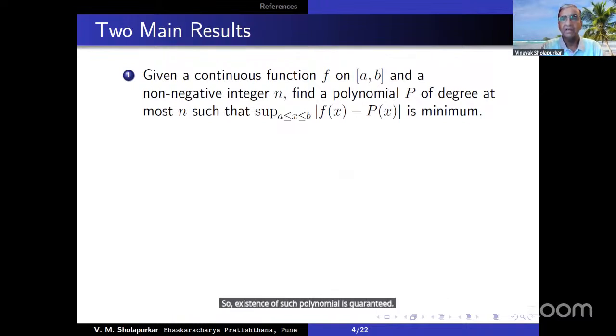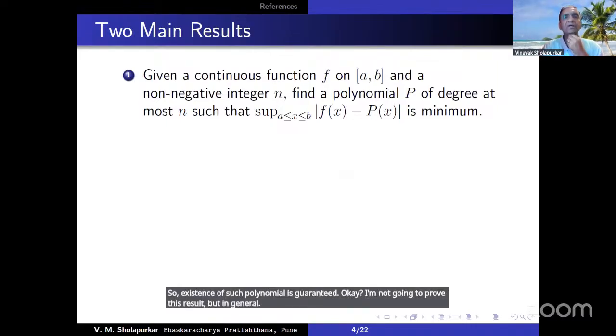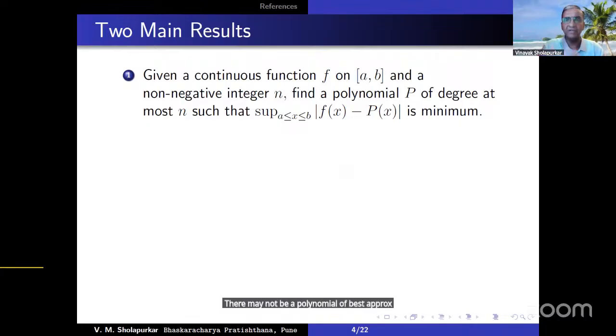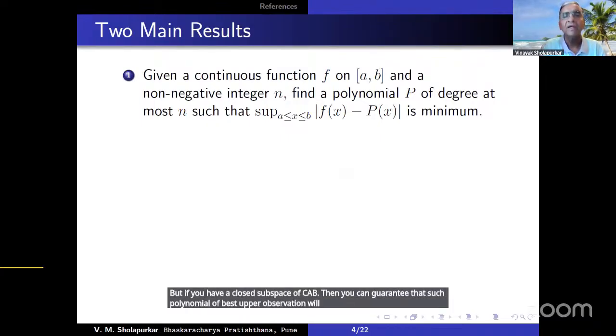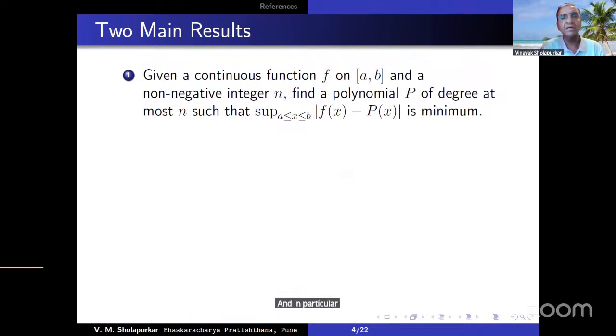Okay. I'm not going to prove this result, but in general, there may not be a polynomial of best approximation in any arbitrary subspace. But if you have a closed subspace of C[a, b], then you can guarantee that such a polynomial of best approximation will exist. And in particular, for polynomials of degree at most n, one can always find the best approximation.